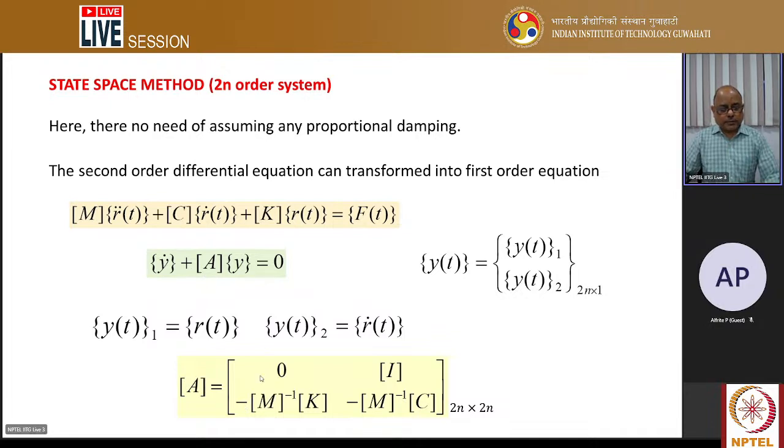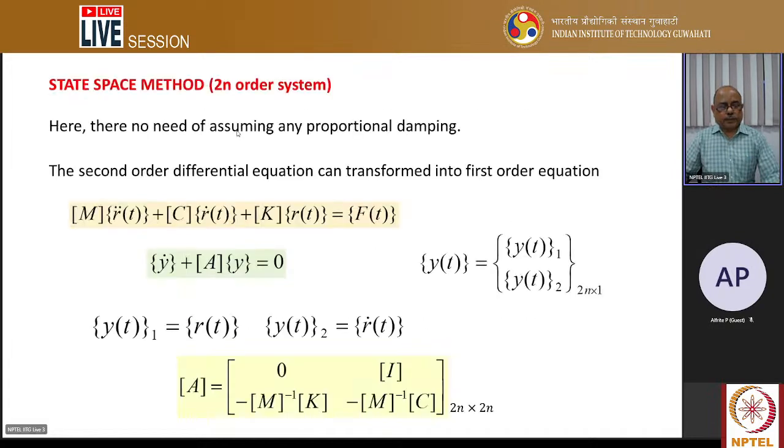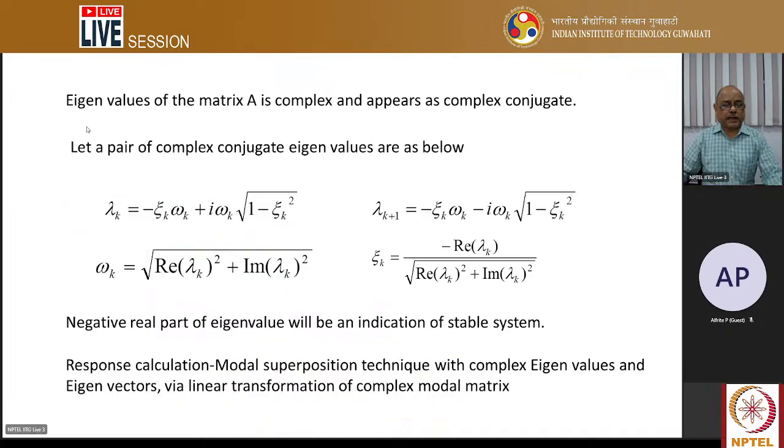But the matrix that we get for the eigen solution is a matrix which is unsymmetrical. As a result, we are not getting real eigenvalues. Instead, we are getting eigenvalues which appear as complex numbers, but they are complex conjugates. So let a pair of complex eigenvalues be like that.